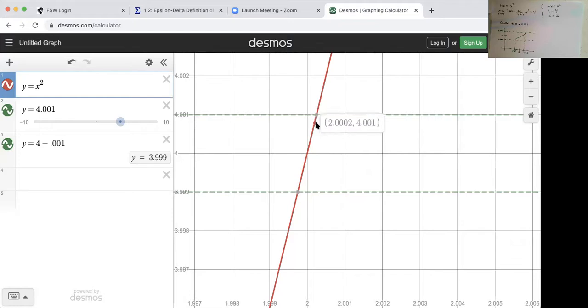I'd like to have a little bit more accuracy though in there. So let's see what we get for delta is 0.0002. That is what we think based on what we have here. But let's try it.